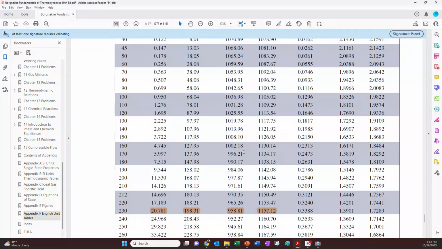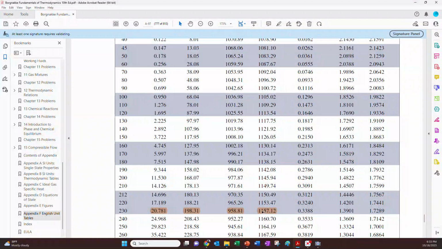And P equal to 20.78 psia, so close to what we're doing. We'll have hf equal to 198.31 BTUs per pound mass, and hfg. Well, one thing we want to look at is hf right here.